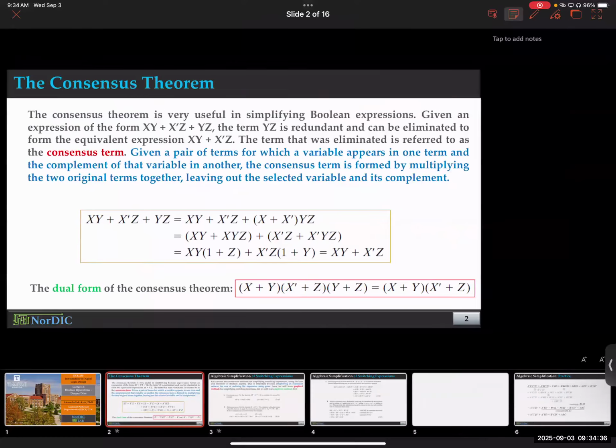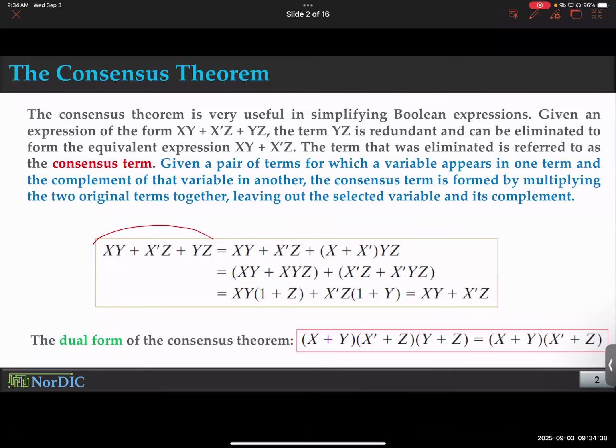Notice, if you have 3 terms, you can bring it down to 2. But that also means from 2 terms, you could go the other way. Remember, every theorem that you're looking at, the Boolean theorems and expressions, they can be flipped. So from 3 terms, you can go to 2 terms, or from 2 terms, you can go to 3 terms.